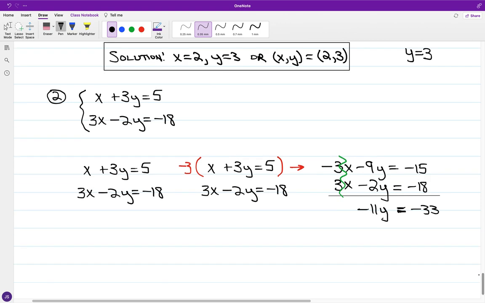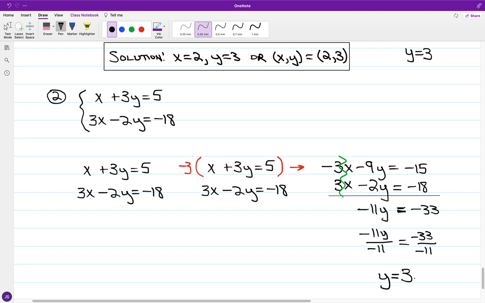And I can go ahead and solve for y. And so we have for y itself, y is going to come out to 3.